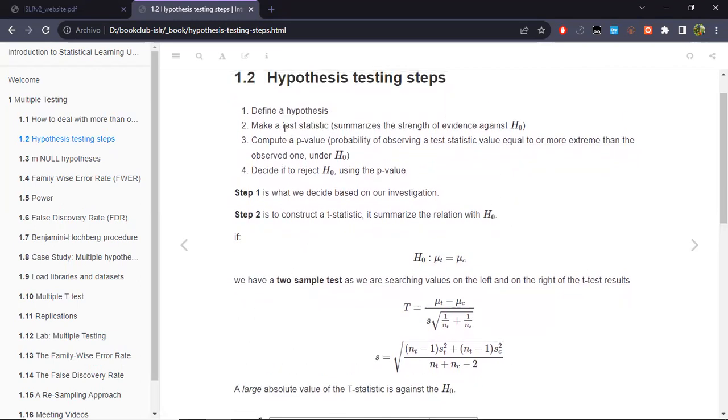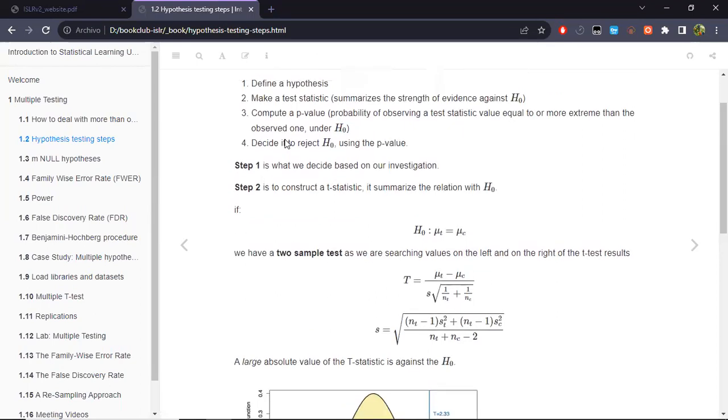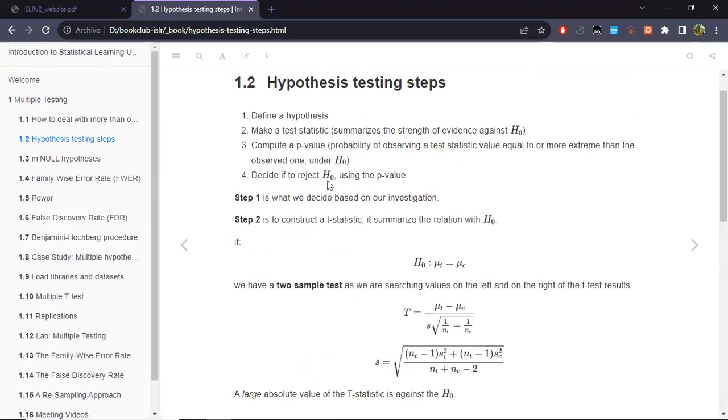Then, using such test statistic and some information about its distribution, we can compute a p-value, which is the probability of observing a test statistic value equal to or more extreme than the observed one, considering that the null hypothesis is true. And then in the last step, we decide whether to reject the null hypothesis or not, using the p-value that we obtained.